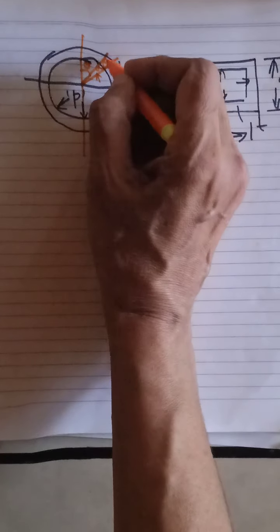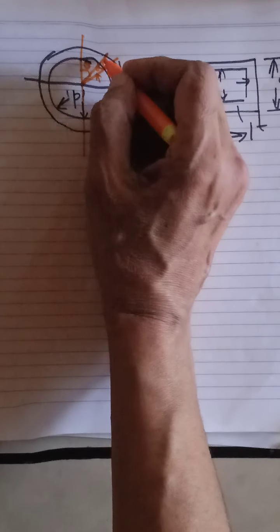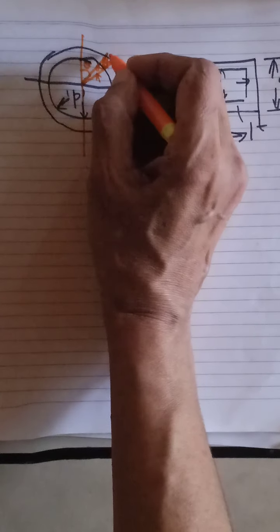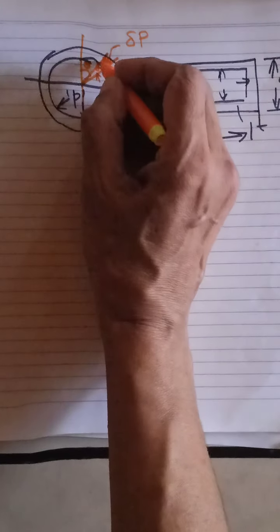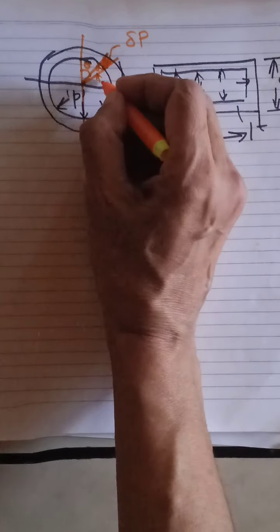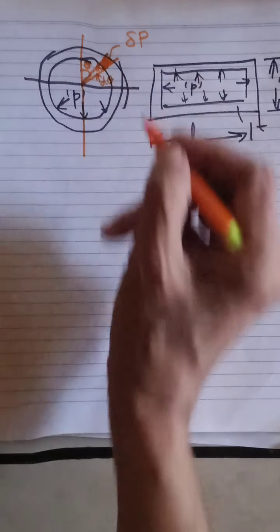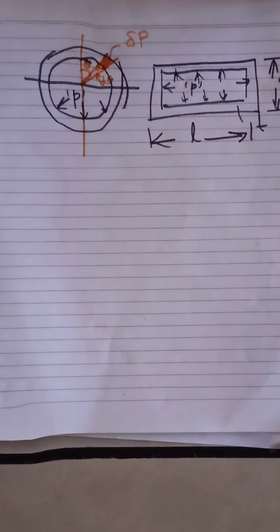Let us assume the pressure force acting on this element is delta P, and this small angle is d theta. How will you find the pressure acting on that element?